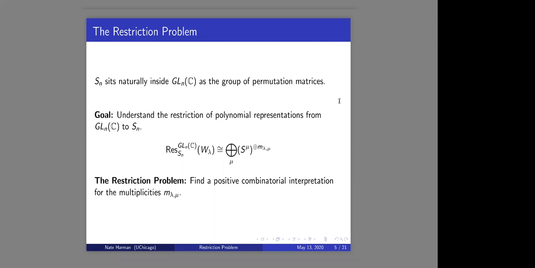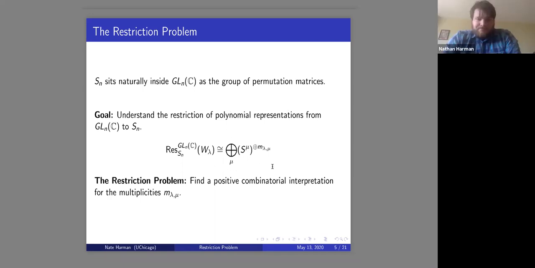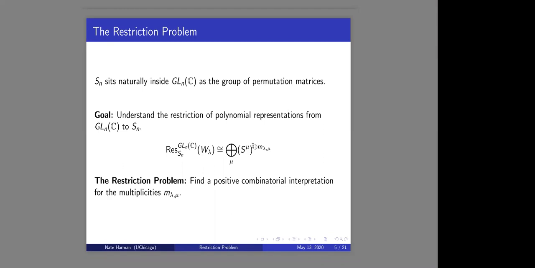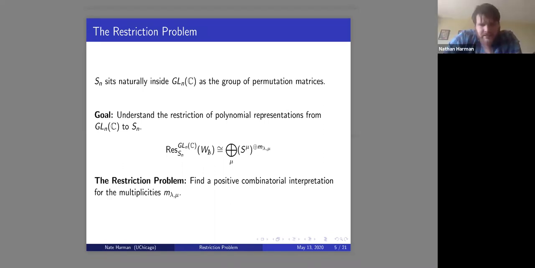What are the kind of mu's that appear in this sum? Yeah, in this sum. Well, what you should think is lambda has to be a partition of length at most n, so it has at most n parts, and then mu is going to run over partitions of size n.